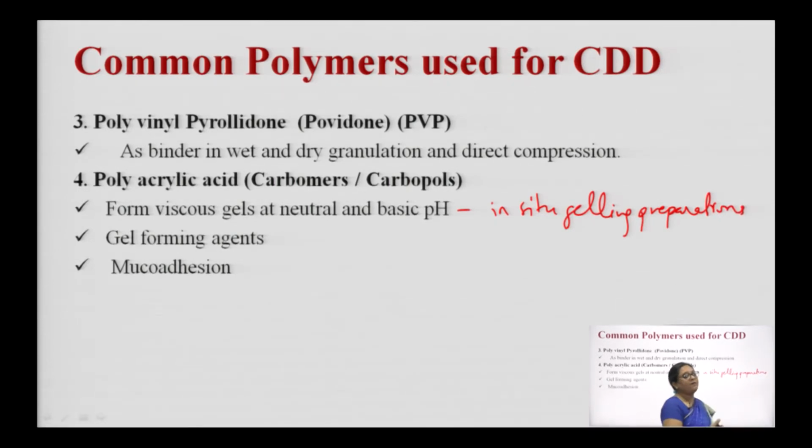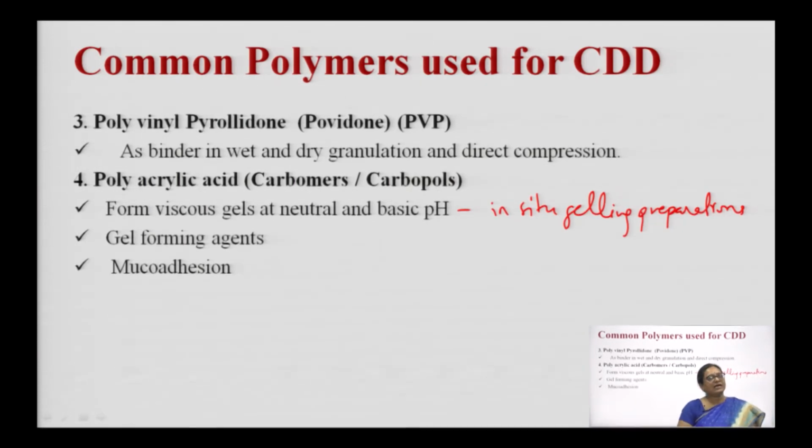Ophthalmic preparations have been prepared using carbomer as a polymer. Ophthalmic drops have been prepared, and by using this carbomer, these drops which are instilled in the eyes in the form of liquid drops immediately gel at the pH of the eye. Then it has been used as a gel forming agent, and another important property of carbomer is its muco-adhesion.